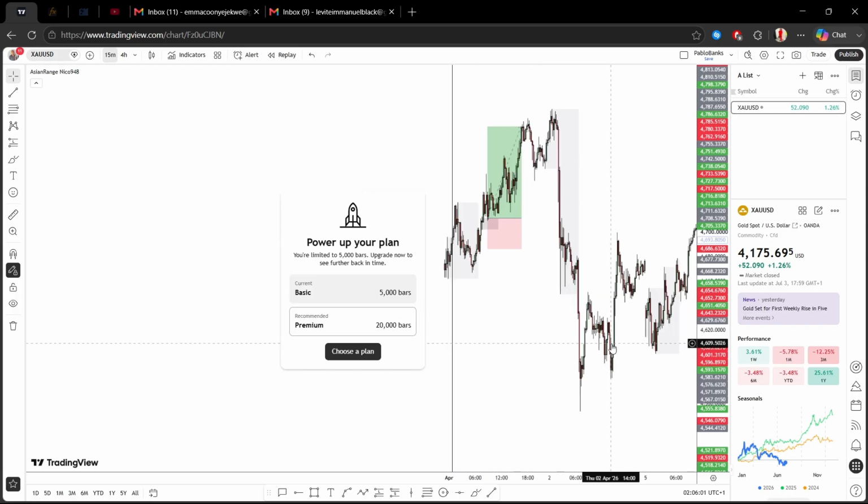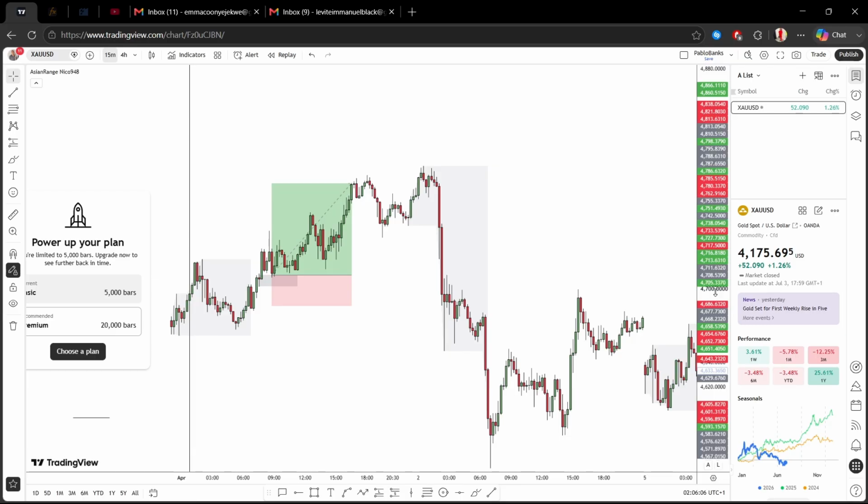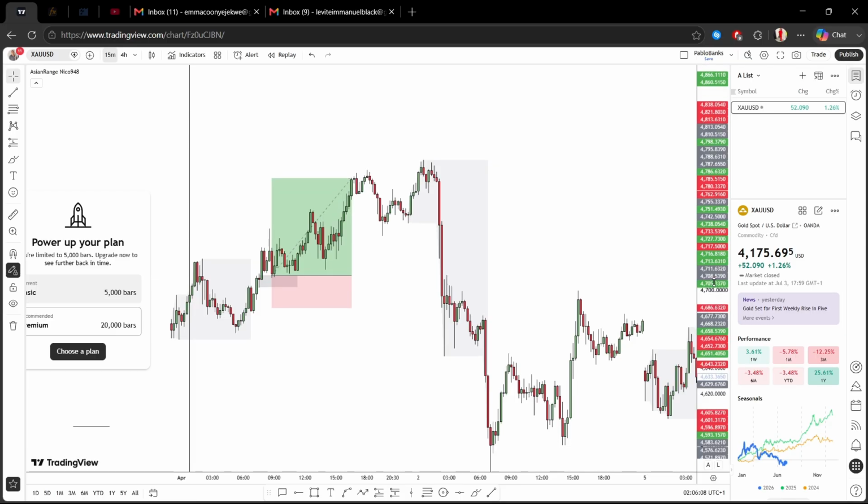I don't have the premium, so I'm starting from April. I usually start my day with knowing the previous breakout structure and the new breakout structure, and then what I'm going to be doing for the day, if it is buy or sell.